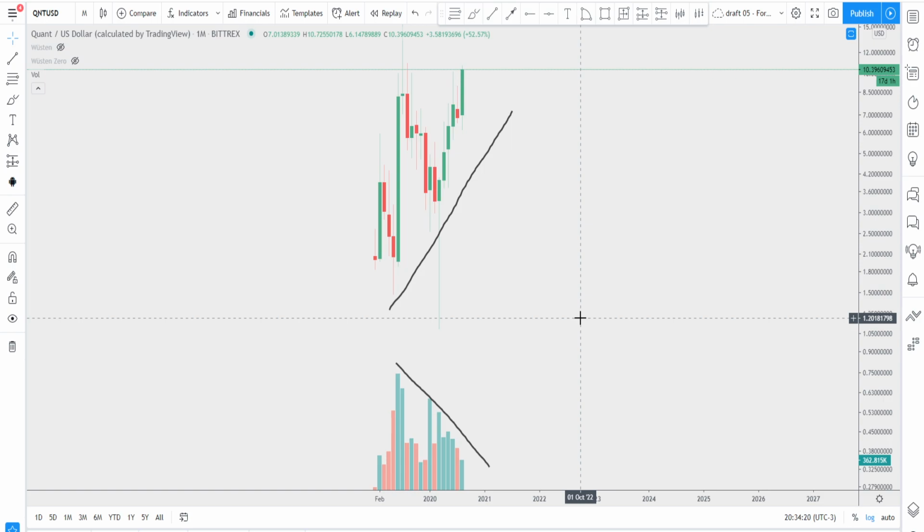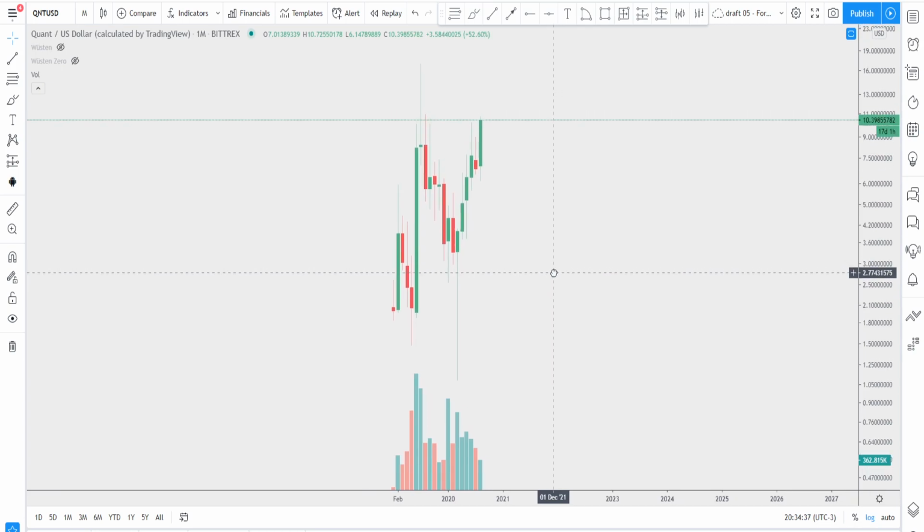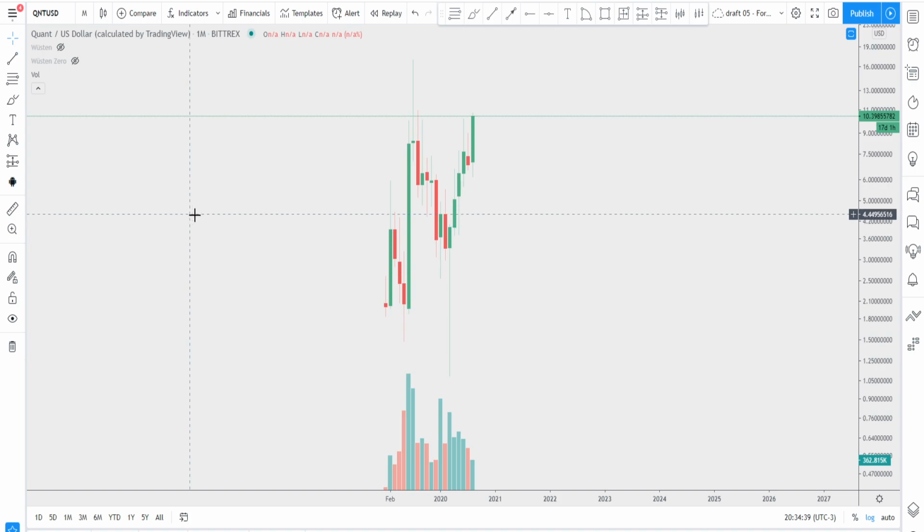So this is not bad, but at a certain point, people will look to take profits. That's how it works. This is a speculative market. Those are things to watch out for and pay attention to, because at some point we can see some bearish activity.